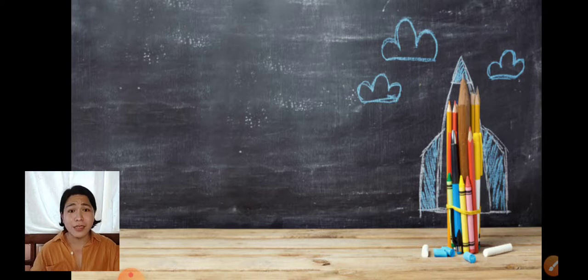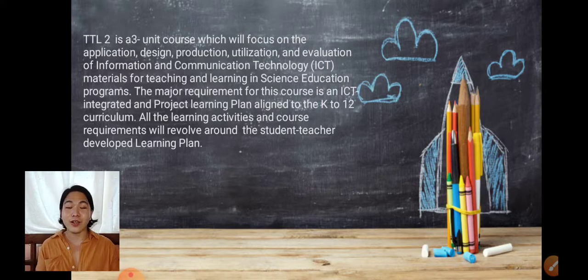And of course, let's get to know the course description of our subject. TTL2, or Technology for Teaching and Learning 2, is a 3-unit course which will focus on the application, design, production, utilization, and evaluation of information communication technology or ICT. That is why we will focus more on designing and creating, more on application, according to Bloom's taxonomy, and on materials for teaching and learning in science education.